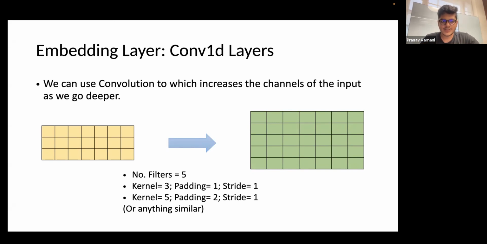So our in channels, which were previously 3, are now mapped with 5 filters, and we have padding in place such that we do not downsample, and we are using a stride of 1, so it does not downsample our original input. This is how we converted a 3-dimensional input to a 5-dimensional input.